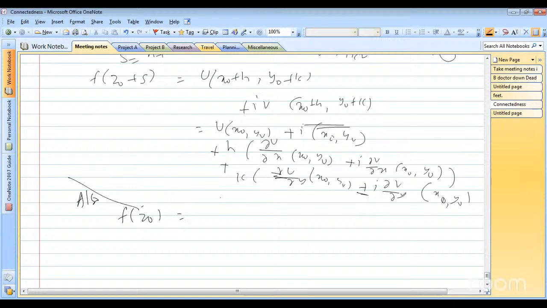Before that, another one: plus rho of (h, k) plus i times sigma of (h, k). All the values we are taking here.